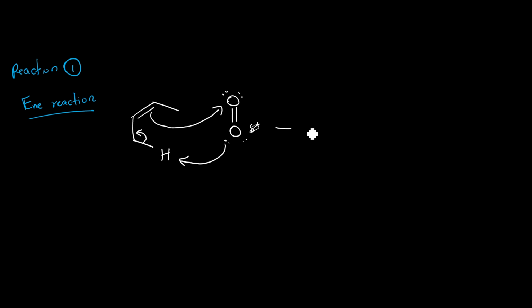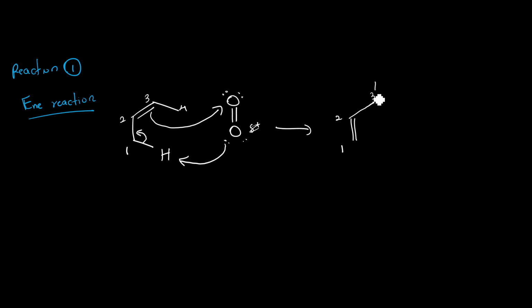So our result would be, we will have a pi bond here, and here we have a single bond. Let me number the carbons: 1, 2, 3 and 4. Here we have the 1, here we have the 2, and here we have the 3. In the third carbon, you will see this carbon is forming a new bond with this oxygen.